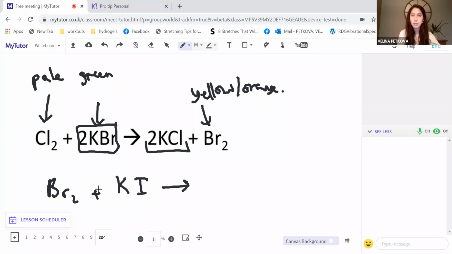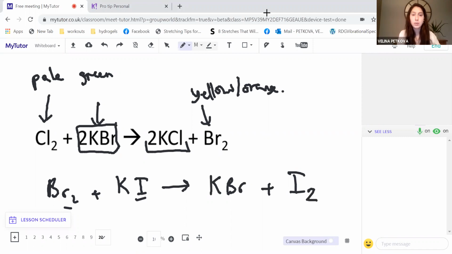What do people think? Yes, brilliant. Why? Because bromine is more reactive than iodine as it is higher up in the halogen group in the periodic table. So we're going to get displaced. We're going to form KBr plus I2.